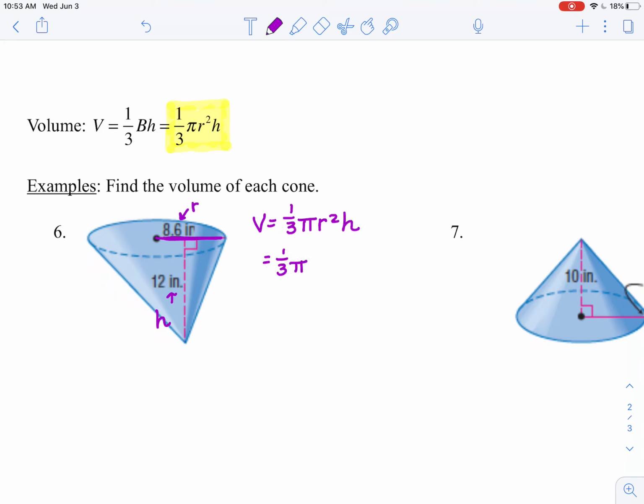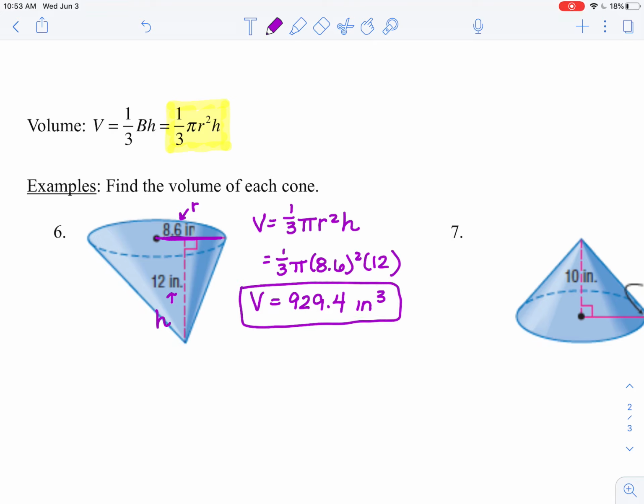So that gives us 1/3 pi times 8.6 squared times 12 for a volume of 929.4 cubic inches, since we're now talking about volume.